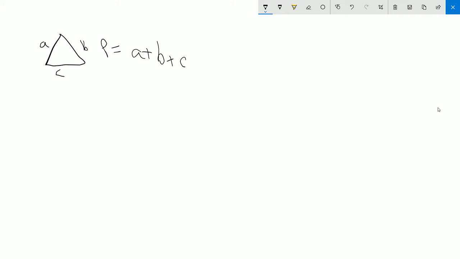And the area is equal to 1 by 2 into base into height.